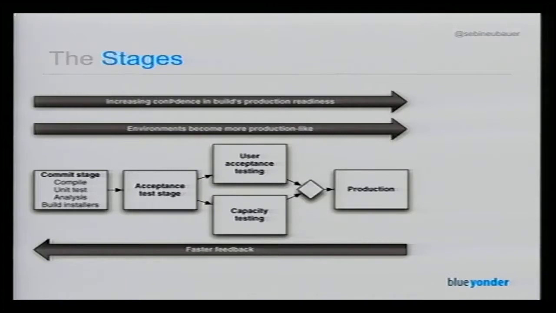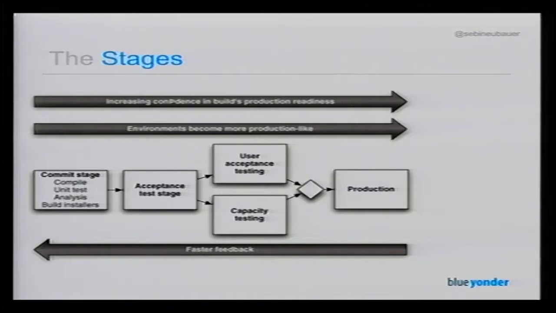So in the beginning, in the first stage, we are not that sure. We know maybe that all the unit tests passed, but is it really production ready? Is the logo red or is it green? Maybe that's not tested by a unit test, but maybe it's important because it's our company logo and so on. So going to the right means we have more confidence in our product.